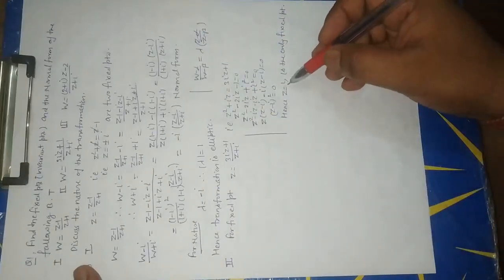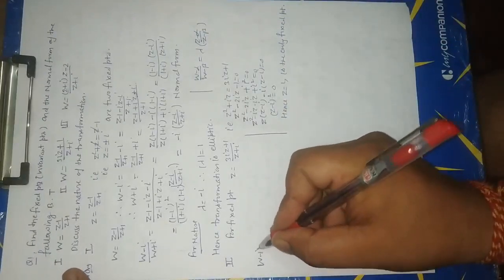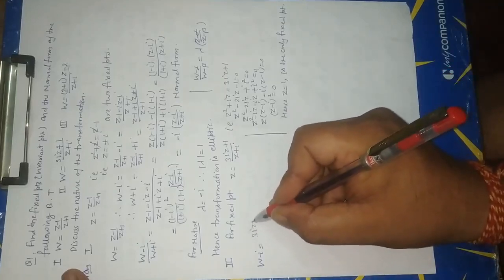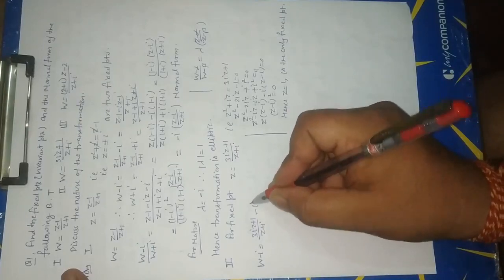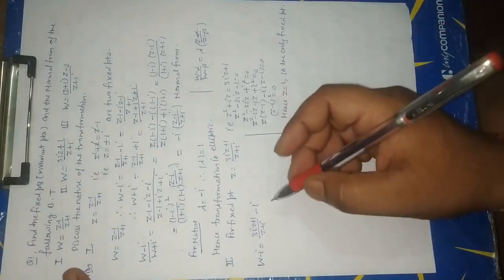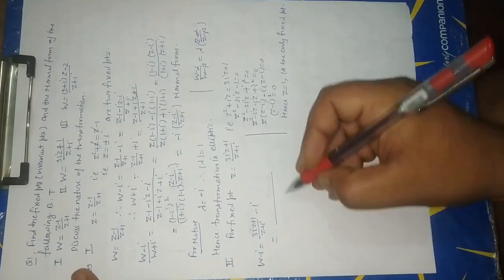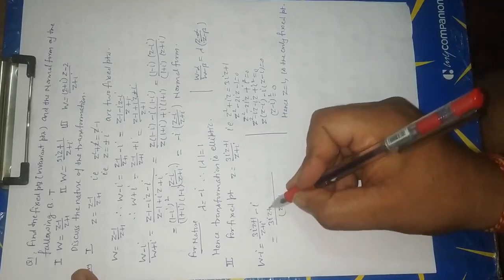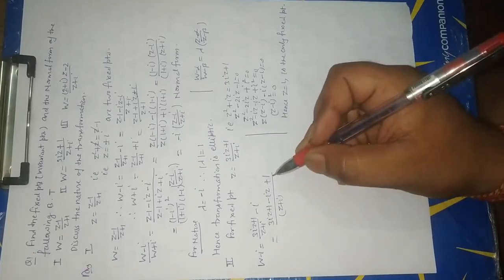Now for this fixed point, we calculate W minus i. This is equal to (3iZ plus 1) upon (Z plus i) minus i. Now taking LCM, Z plus i: (3iZ plus 1 minus iZ plus 1).